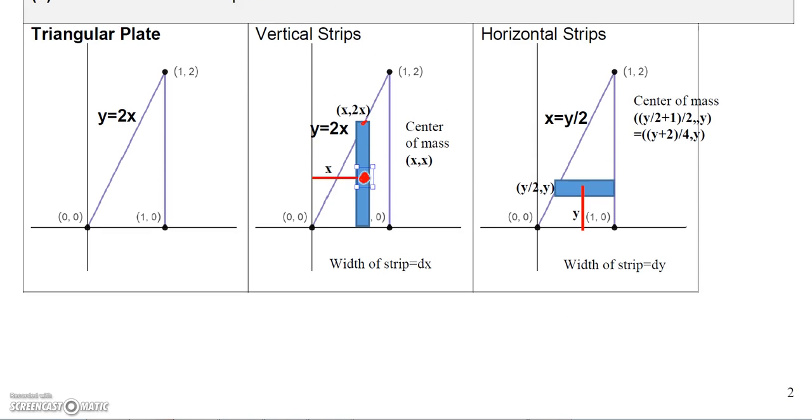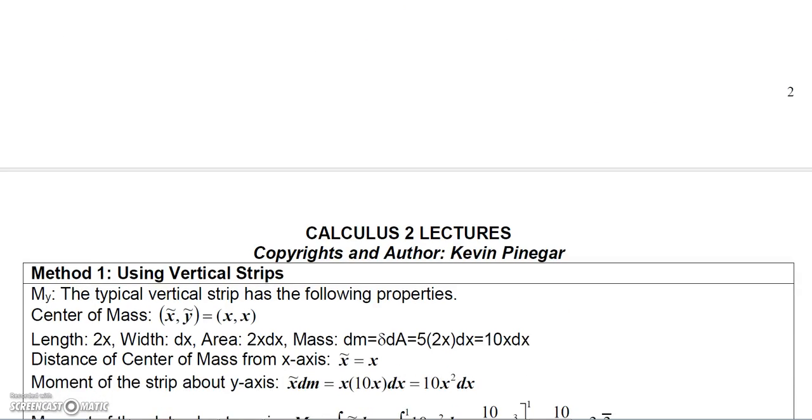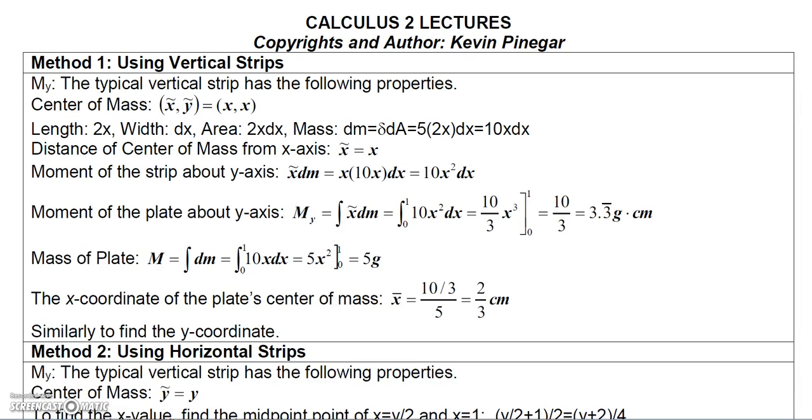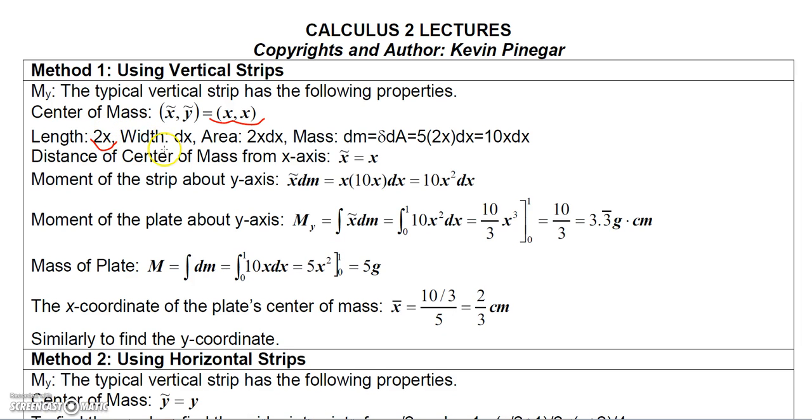Now let me take you down here where I put this information to work. As I said, the center of mass is simply the point (x, x), and the length of the strip is 2x. The width of my strip is delta x.